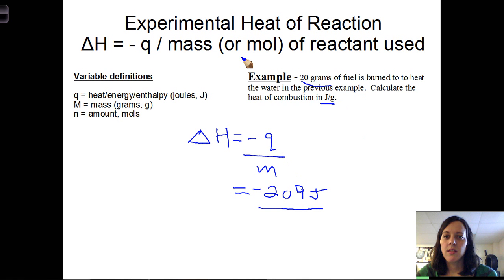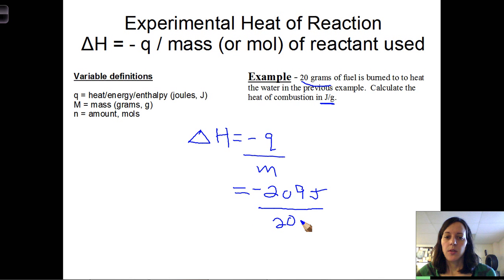So anyways, the mass of the reactant that was used or burned in this reaction was 20 grams. So 20 grams of fuel was burned, and that's what heated the 5 grams of water in the previous example problem. So with these types of problems, you're going to commonly be given two masses. One is what's being heated, and the other one is the reaction that's actually occurring to do that heat transfer.